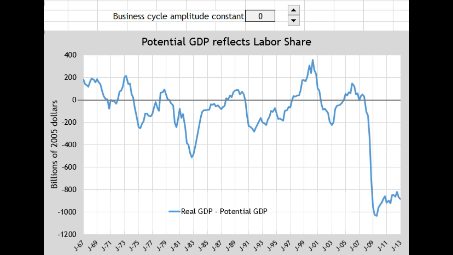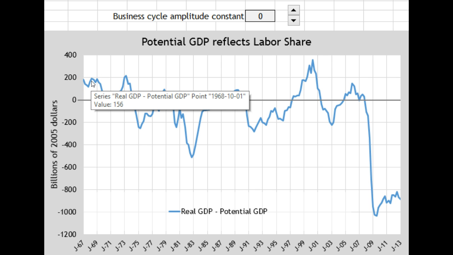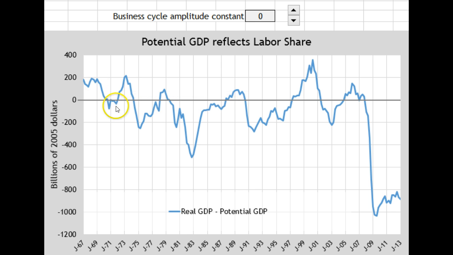Here we start off with a graph where I show real GDP minus potential GDP through the years. When you see the line go above 0, real GDP is higher than potential GDP. When the line is below 0, real GDP is below potential GDP.